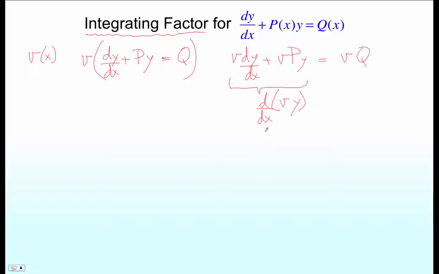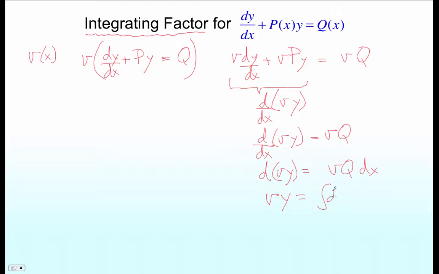Well, then we've gone a long way towards the solution, because then you have d by dx of v times y equals v times q. And so let me take dx on that side. This becomes d of v times y equals vq dx. V is a function of x, q is a function of x. Let's integrate both sides. So we get v times y equals integral dx v times q.